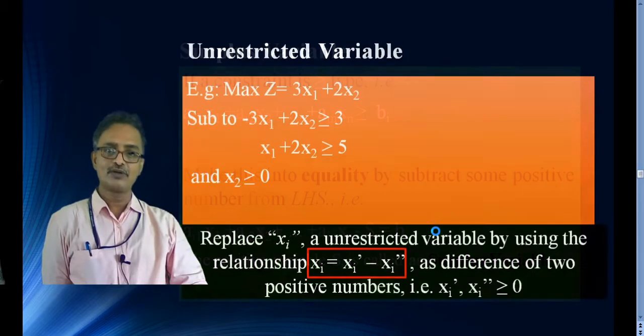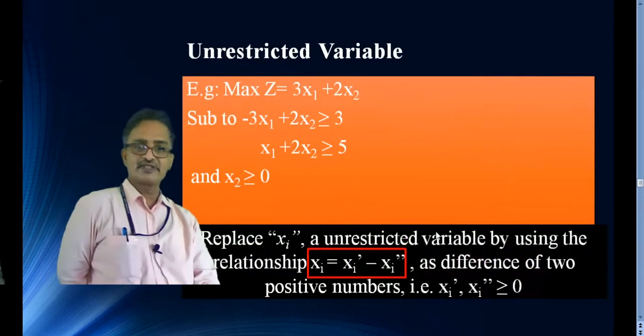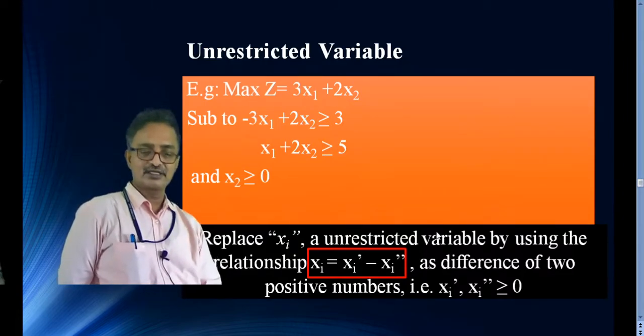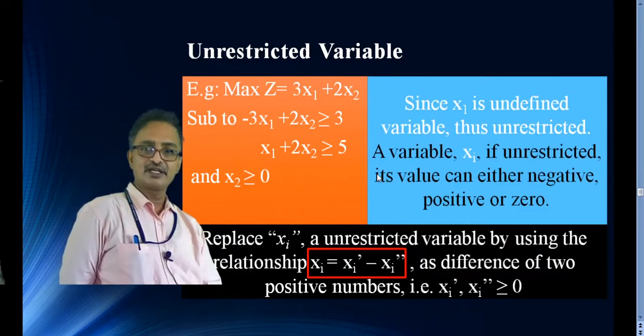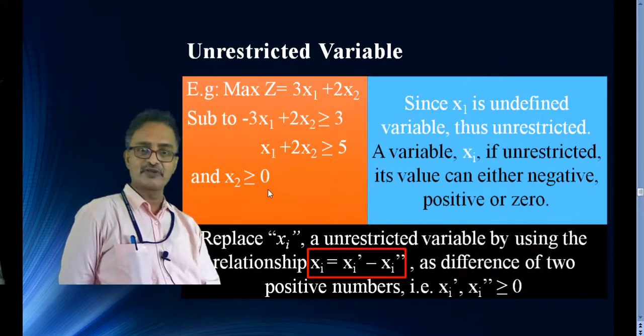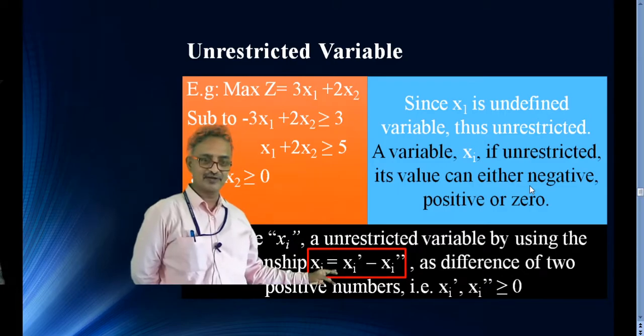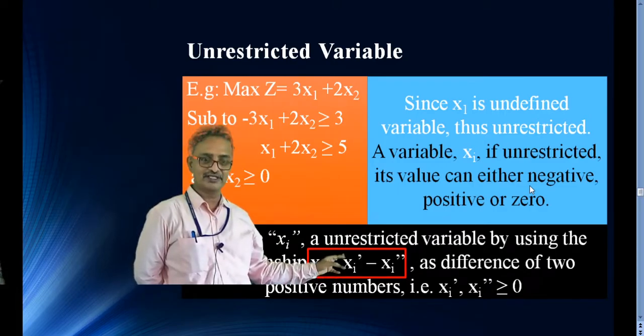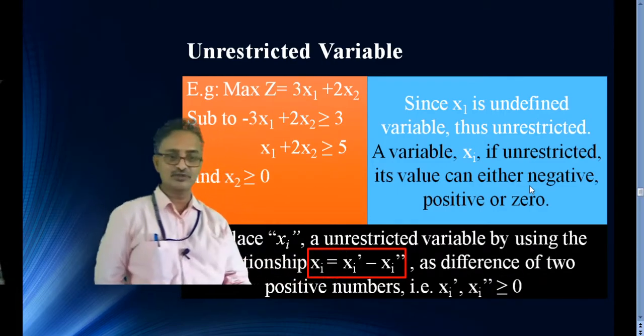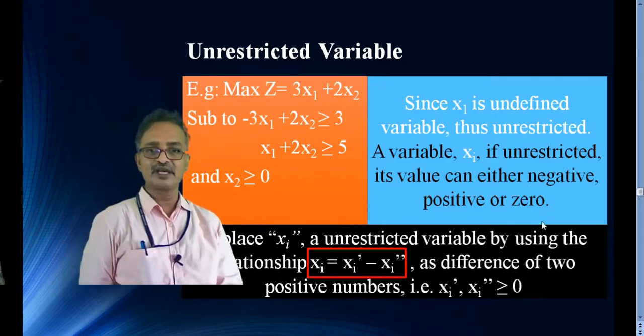Now, in the case when a variable is unrestricted, if it is not declared in the formulation, then we need to treat it as an unrestricted variable. A variable x is unrestricted, then it can take any value, either positive or negative or 0. So x1 equal to x1 dash minus x1 double dash, the difference between two positive numbers, is to be replaced in the formulation.